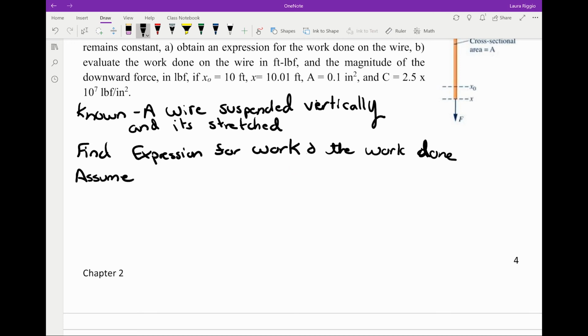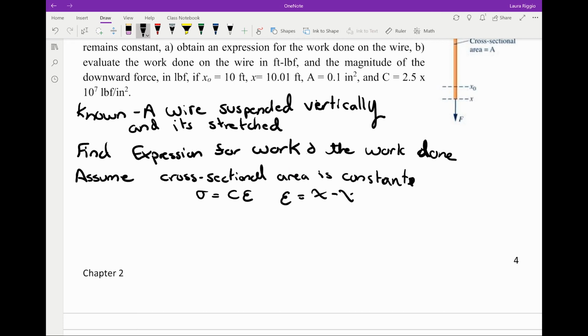What can we assume? Well, we can assume that the cross-sectional area is constant. We know that stress is equal to C epsilon, and epsilon is equal to X minus X naught over X naught.